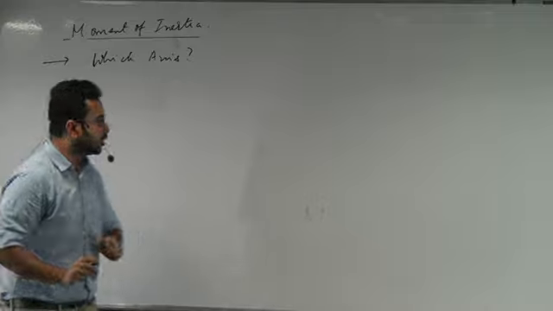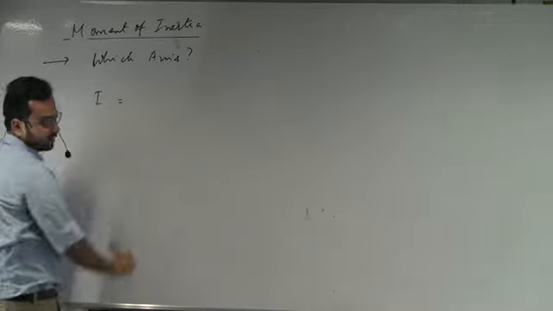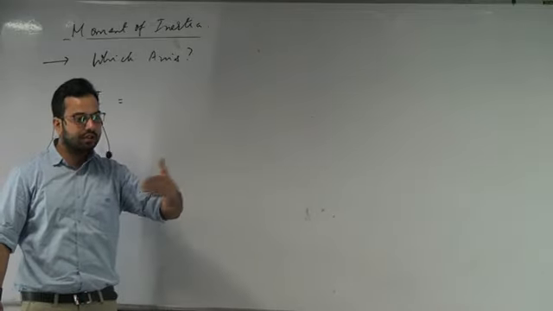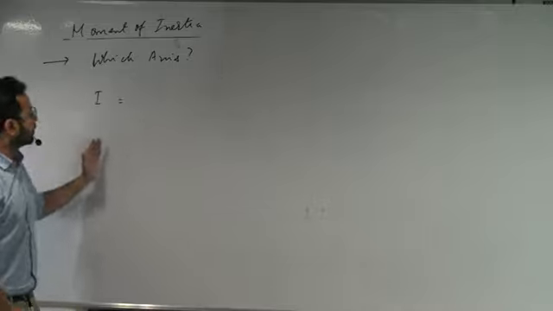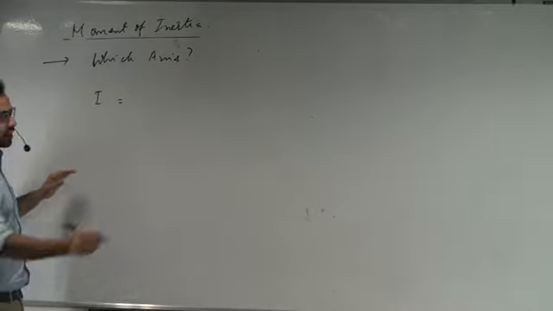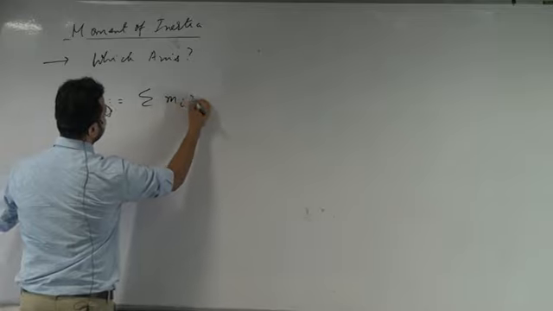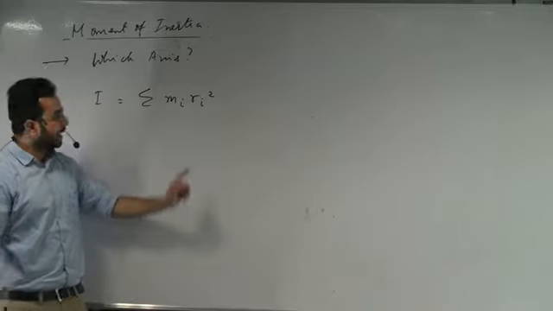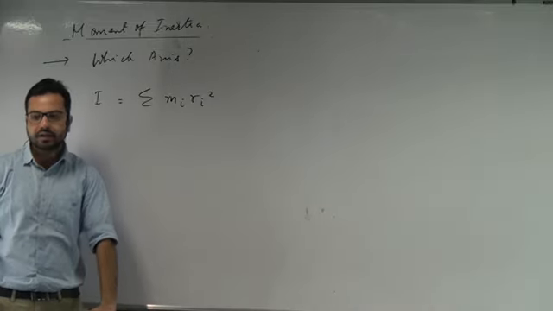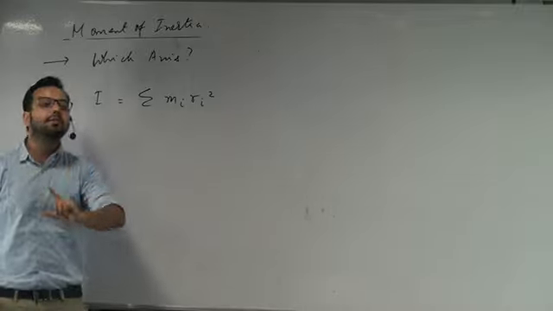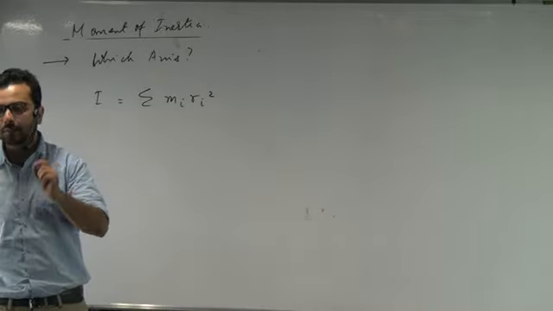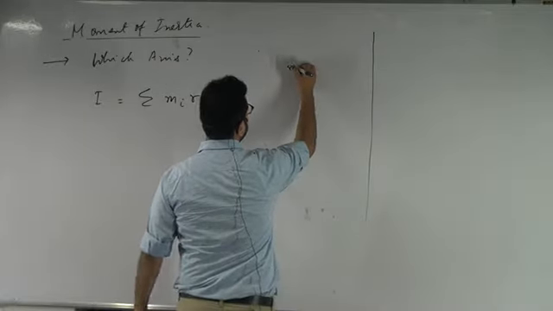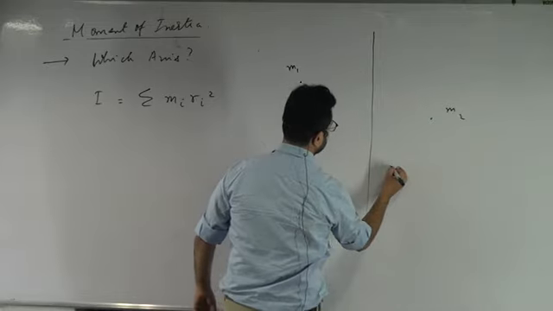Is that correct? Okay. So moment of inertia for a system of particles, for discrete mass distribution. I think we are now comfortable with discrete mass distribution and continuous mass distribution. We have seen that. So for discrete mass distribution, the moment of inertia is defined as the summation of mi ri square. What is mi? Mi is the mass of that particle. And what is ri? Not any distance, the perpendicular distance from the axis. Suppose this is the axis and I have a particle here m1, a particle here m2, a particle here m3.